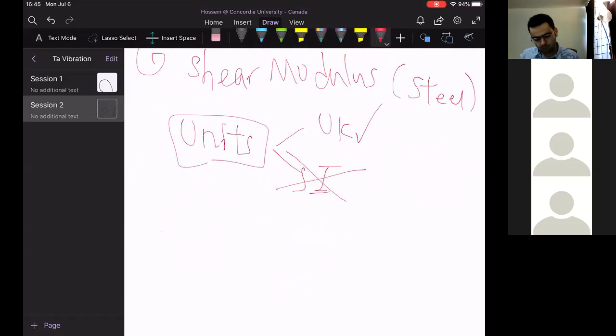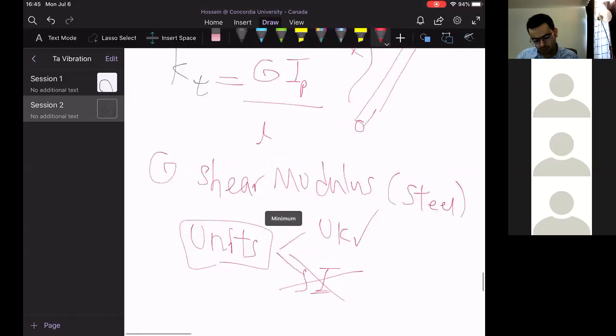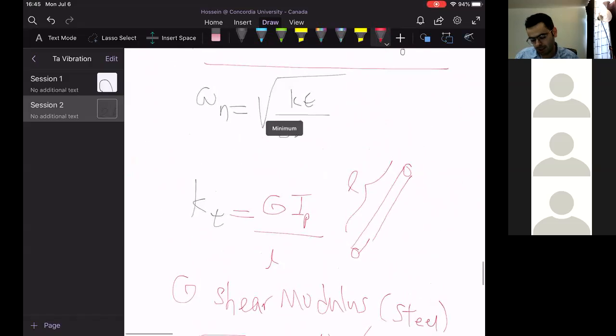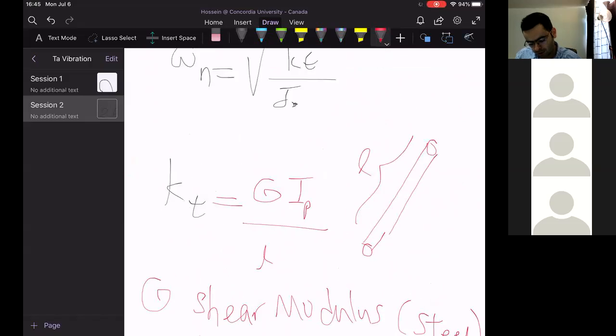So in order to find the natural frequency, let's calculate the numerator, KT, and then we will go for the denominator as a second step. Once you find numerator, KT, and denominator, J naught, you could easily find the natural frequency of the system. Let's just focus on the numerator, which is KT.